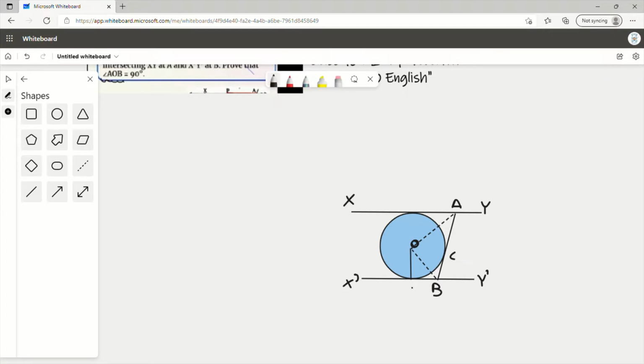B, C is taken, so we'll start from F, I guess. Call this F. And because x dash y dash is a tangent, this must be 90 degrees. Now similarly, we can do over there on xy. So somewhat like this.